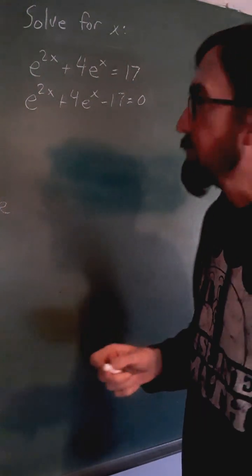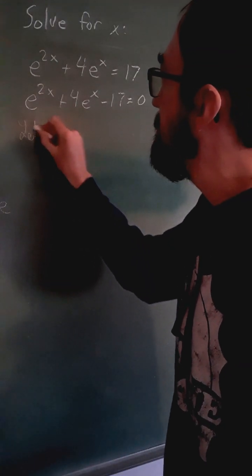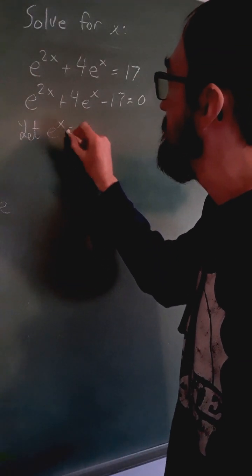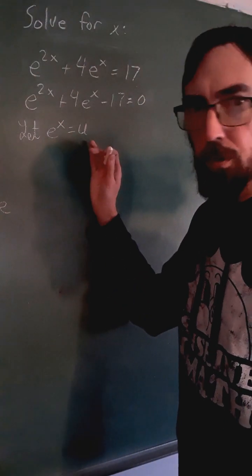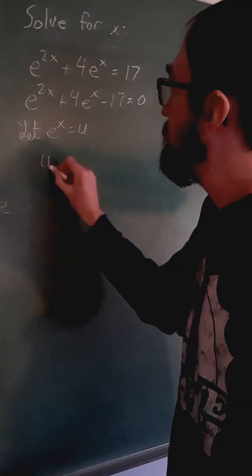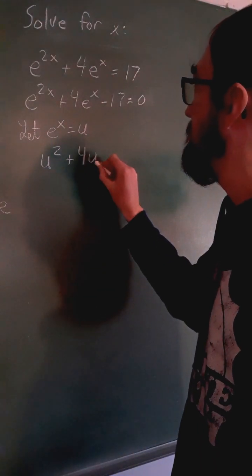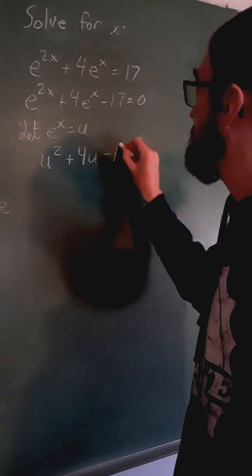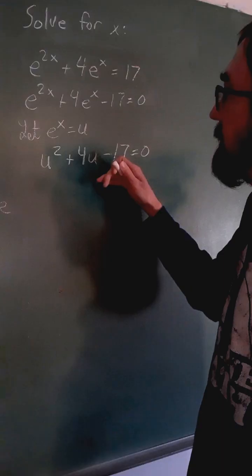To further illustrate that, I'm going to do a u substitution. If I take the e to the x out and I put a u in, I have u squared plus 4u minus 17 equals 0. So it's the same thing.